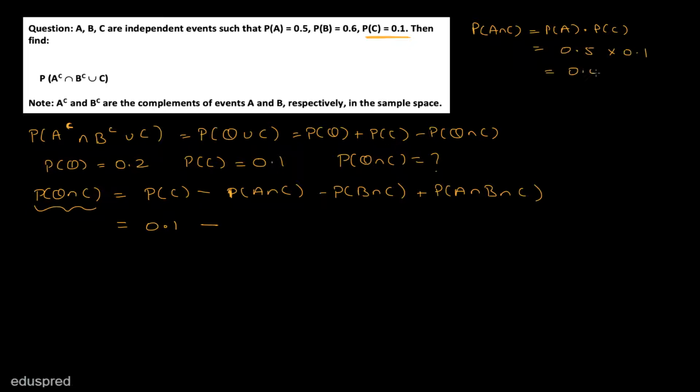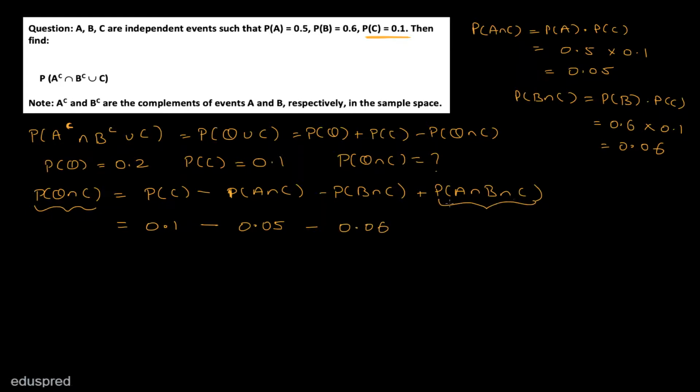So this is 0.05. Similarly, we can figure out the probability of B intersection C. Probability of B intersection C is going to be probability of B multiplied by probability of C. Probability of B is 0.6 and probability of C is 0.1. So this is 0.06. So this is minus 0.06.